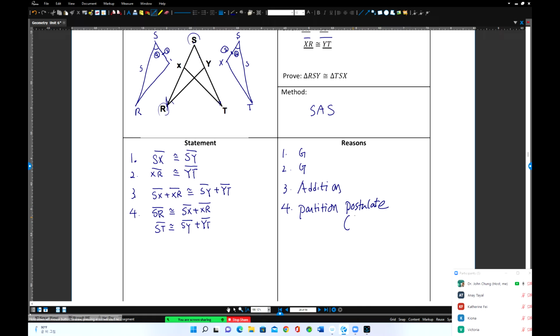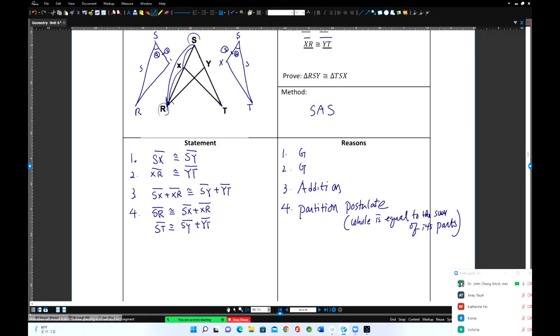Partition postulate, the meaning is the whole is equal to the sum of each part. That is the partition postulate. This is the whole, the sum of each part, one part, two part.